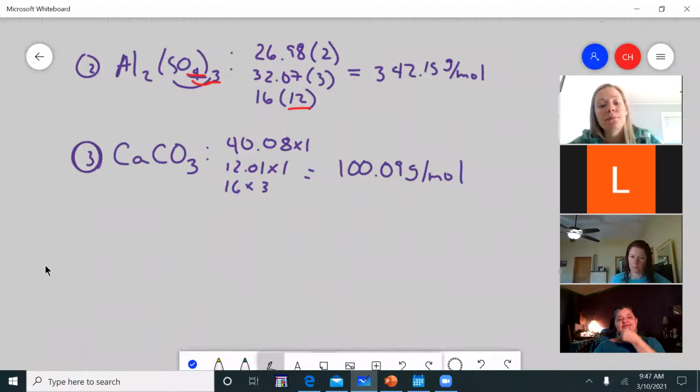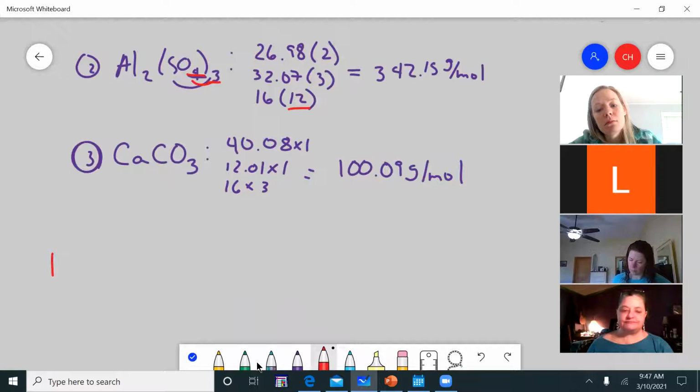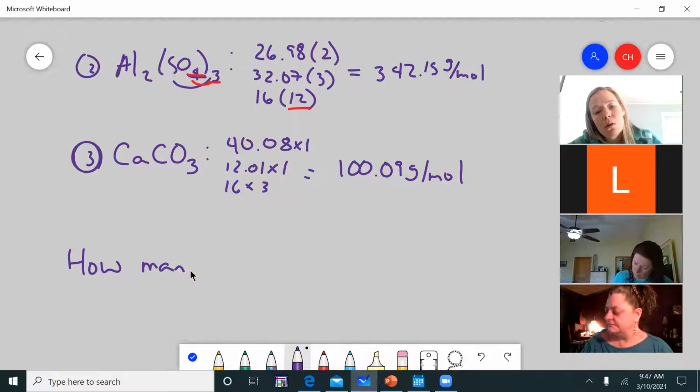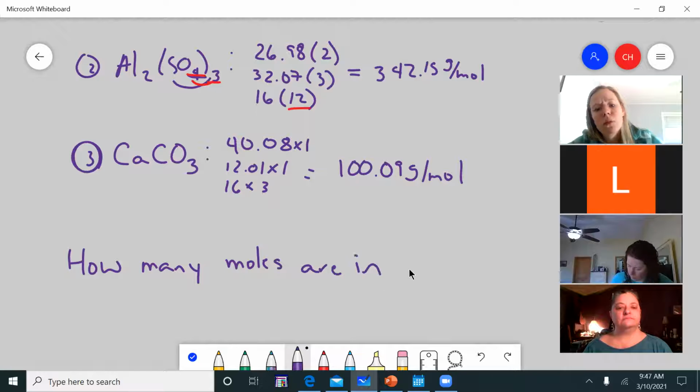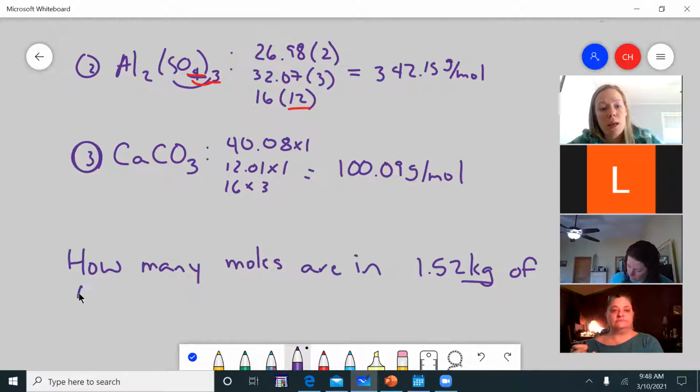Given, let's say, how many moles are in 1.52 kilograms of Al2SO4 3?